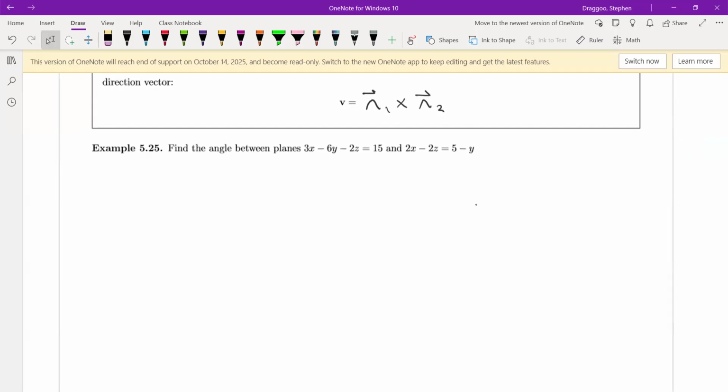So coming to an angle of intersection between two planes. Again, we'll be getting it from the geometric definition of the cross product, which means I need a pair of normal vectors. So it looks like those normal vectors are going to be 3, 6, negative 2 and 2, negative 1, negative 2.